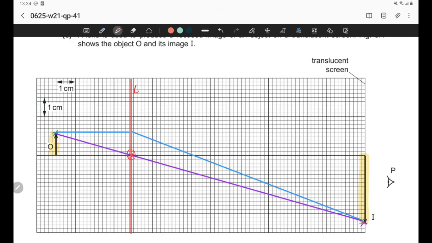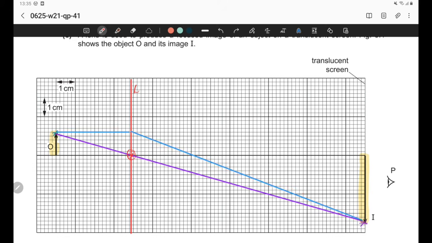So in order to find the principal focus, we should draw a parallel ray emerging from the object, and when it reaches the lens, it will be refracted and pass to the image tip.